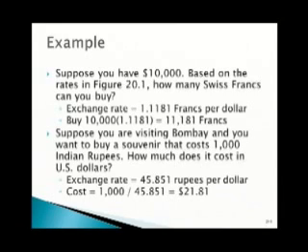Now suppose you're visiting Bombay, India, and you want to buy a souvenir and it costs 1,000 Indian rupees. How much would that cost in US dollars? Well, if the exchange rate is 45.85 rupees per dollar, then the cost would be, as you can see, $21.81.